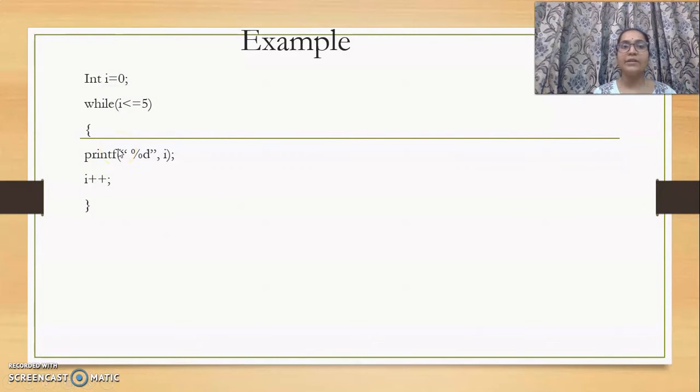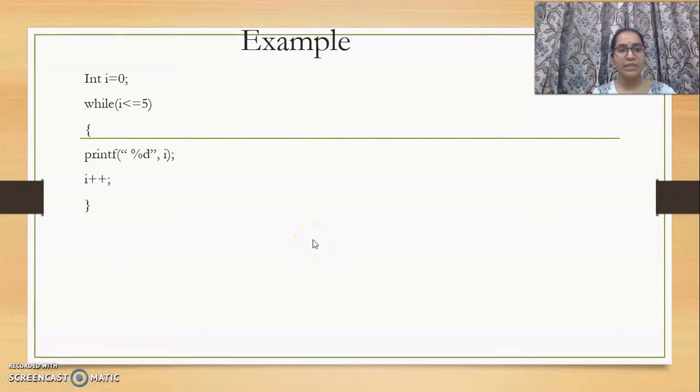So in an entry control loop, at the entry point we stop the false condition, and so prevent the body of the loop from being executed when the condition is false. So this is all about the while statement.